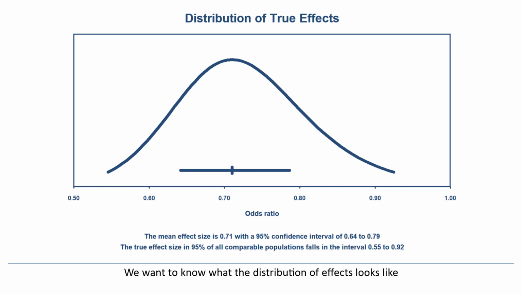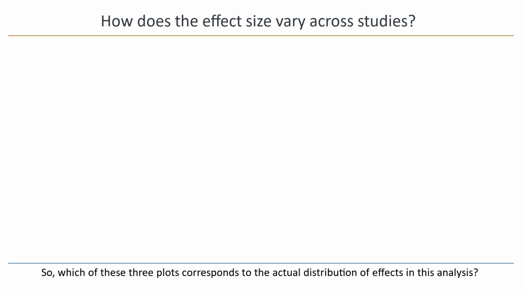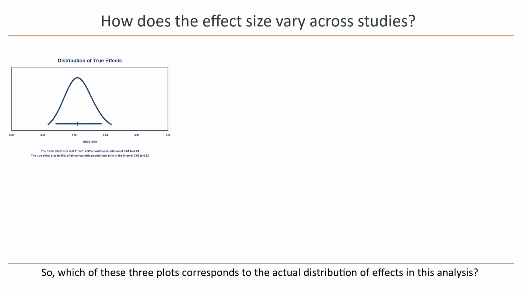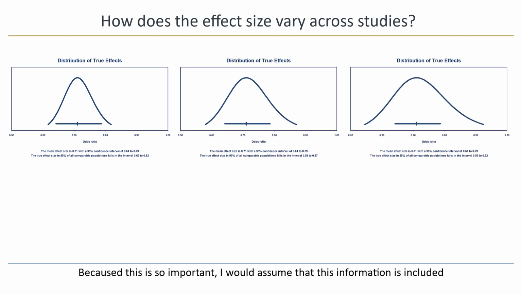We want to know what the distribution of effects looks like. So, which of these plots corresponds to the actual distribution of effects in this analysis? Because this is so important, I would assume that this information is included in any paper that reports the results of a meta-analysis. As it turns out, however, I would be wrong.